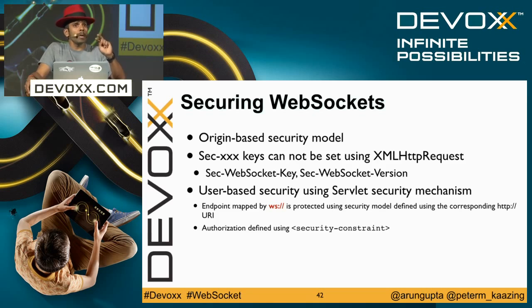The second way is, by the time you say new WebSocket, you can go with a username password-based authentication as well. By the time I get to the place where new WebSocket is called, I would have already prompted for a username and password, and then I initiate the WebSocket connection. So that's the second way of doing it, between user-based security and servlet security mechanism.